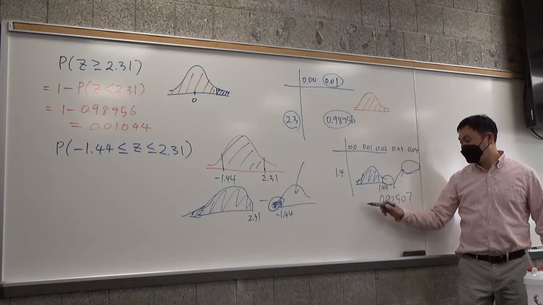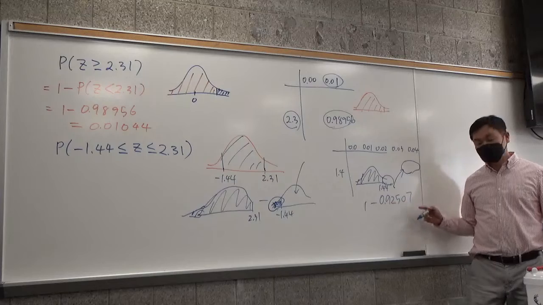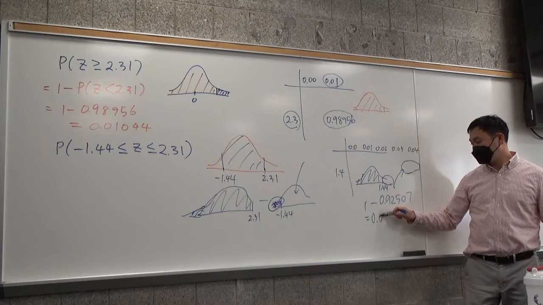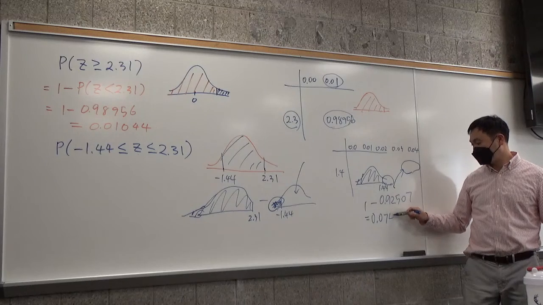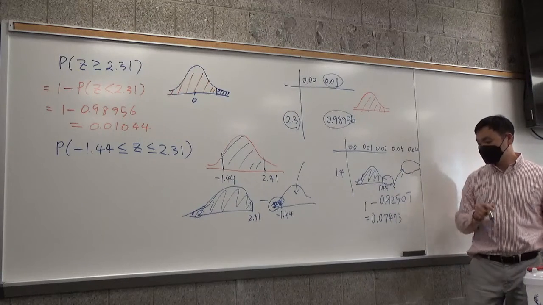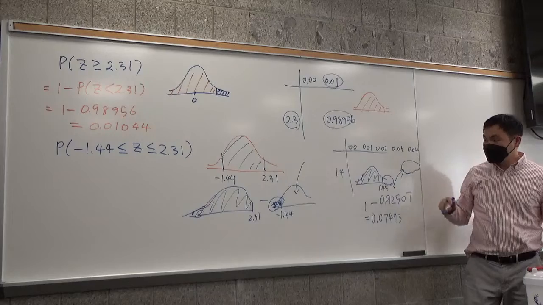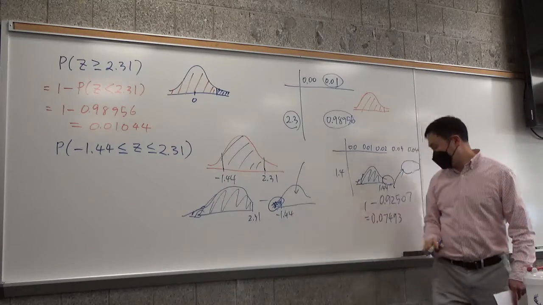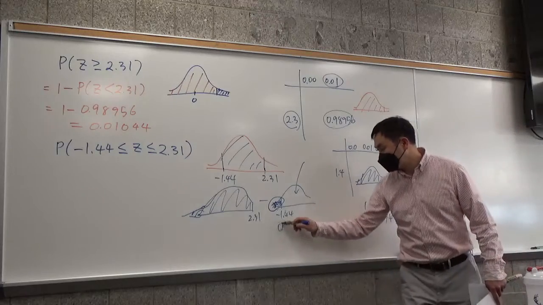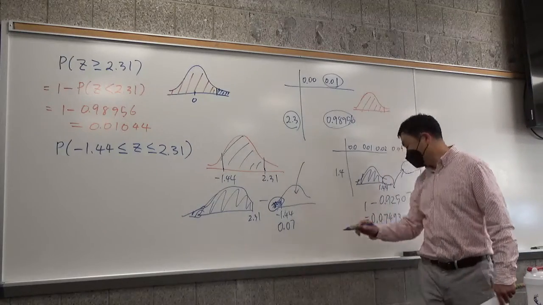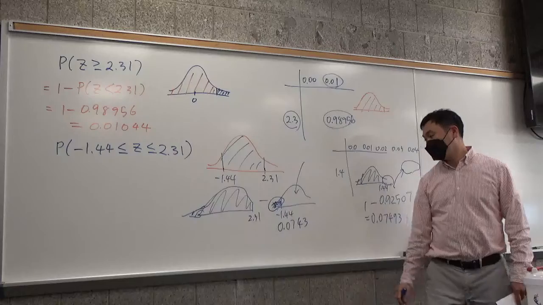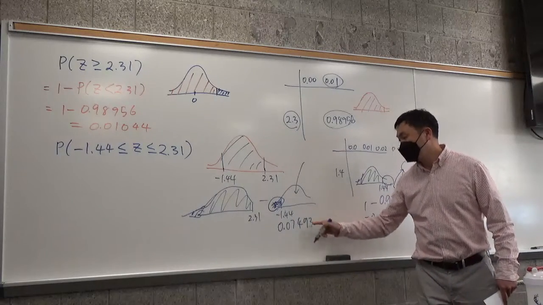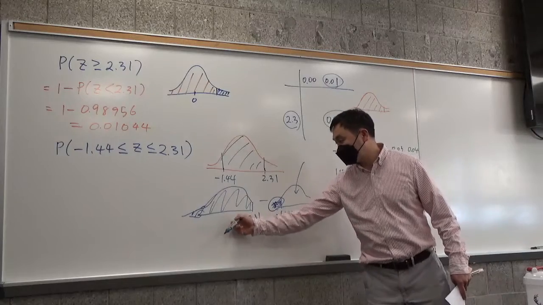This area is 1 minus this value, right, which is 0.07493. And that's how you continue the calculation. Okay? So I know that this now is 0.07493. Now we just have to figure out this one, and you subtract.